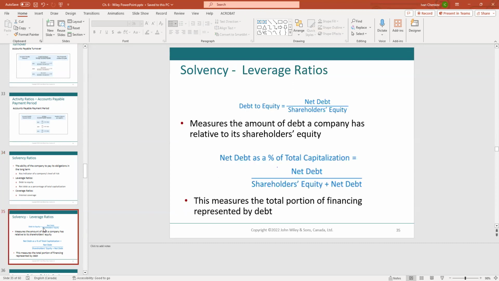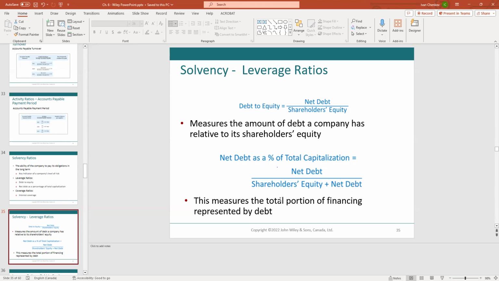Let's just check those ratios. Debt to equity will be the net debt versus the shareholders' equity. That will measure the amount of debt relative to the shareholders' equity. And the net debt as a percentage of total capitalization will be equal to the net debt plus the shareholders' equity, which is equal to the assets.